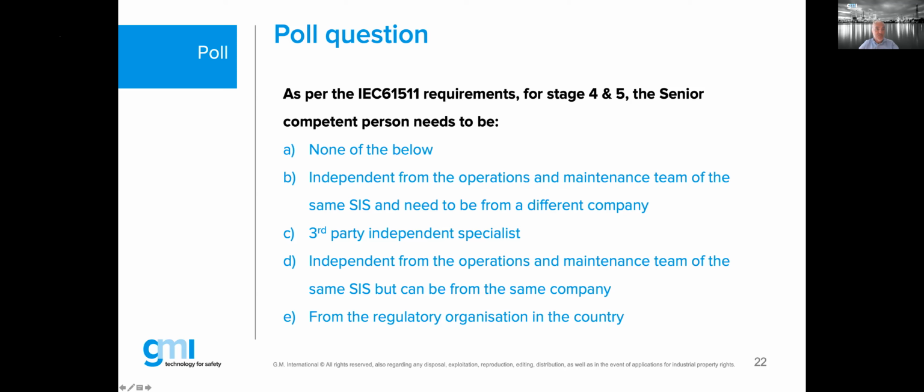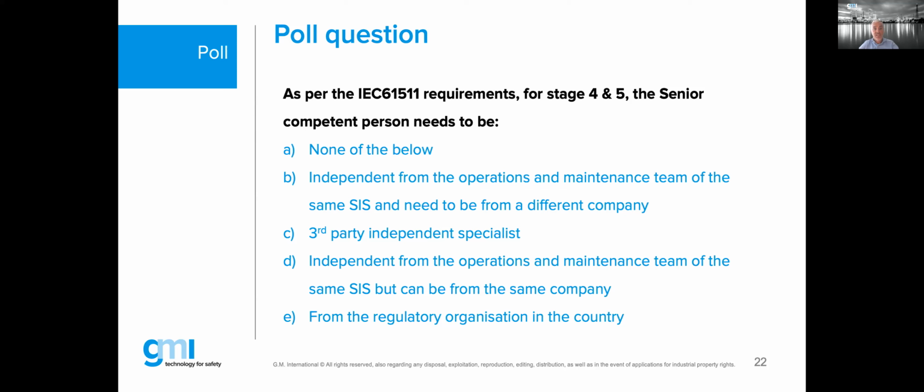Okay, we have a second question. The question is: SIL validation is part of which stage of the life cycle? That has nothing to do with assessments. Validation is why we call it validation.